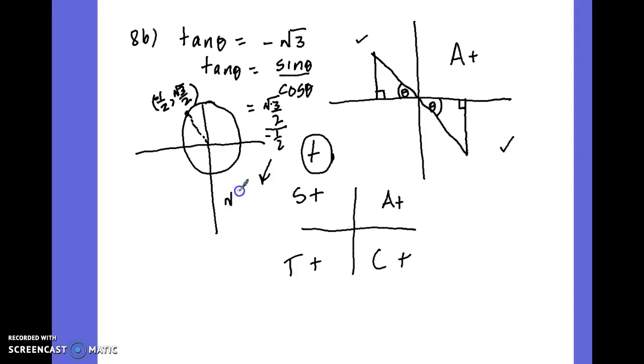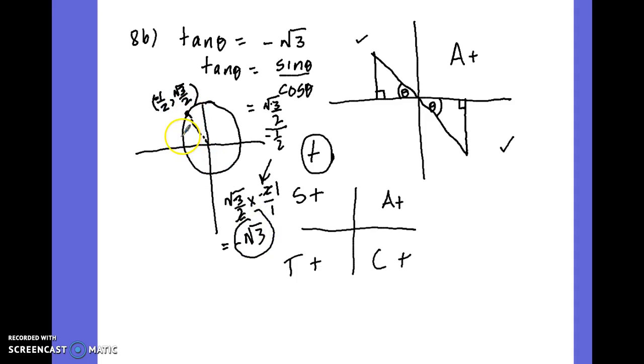So when you do root 3 over 2 times the reciprocal, which is times negative 2 over 1, the 2's will cancel. Let's just preserve the negative. A negative times positive is going to give you the negative. That's negative root 3. So this is our proper position here.